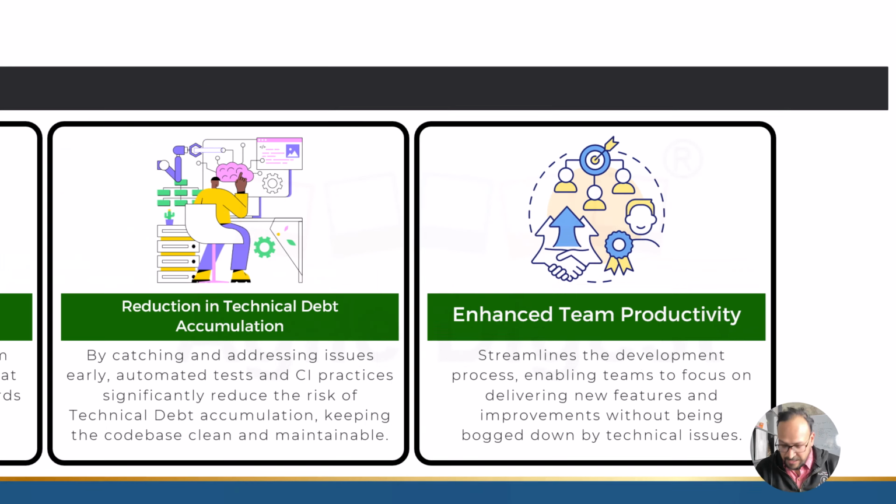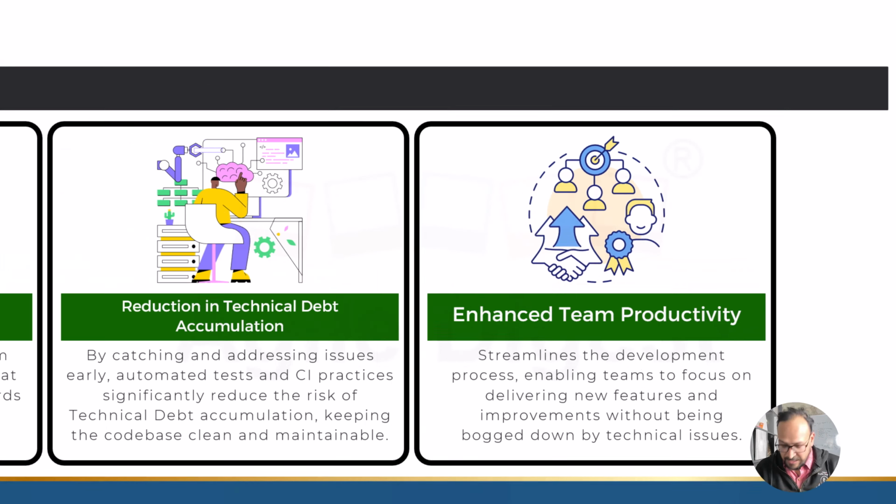Automated tests, with their relentless vigilance, uncover errors and inconsistencies at an earlier stage, acting as our first line of defense against the erosion of code quality. When paired with the disciplined rhythm of continuous integration, these tests go beyond mere detection, weaving a safety net that catches potential issues as we weave the fabric of our project.